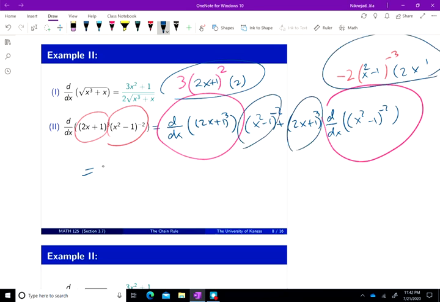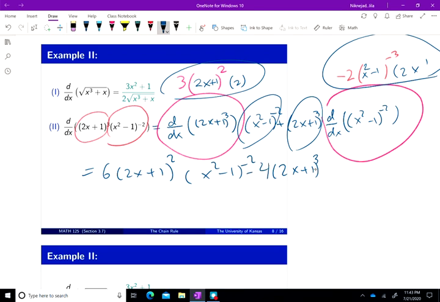And so here I write 3 times (2x plus 1) to the power 2 times 2, make it 6. And then here (x squared minus 1) to the power negative 2 plus (2x plus 1) to the power 3, times negative 2 times 2x. So I raise this, make minus 4.